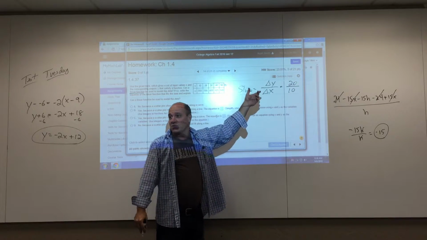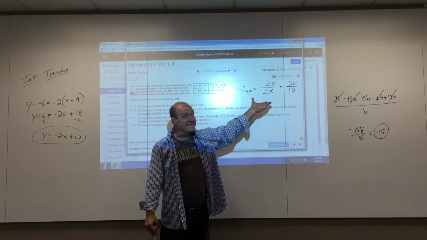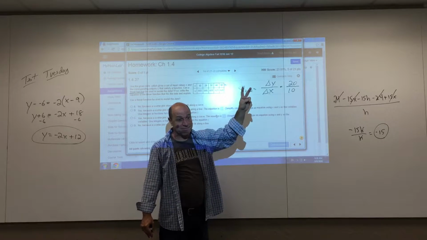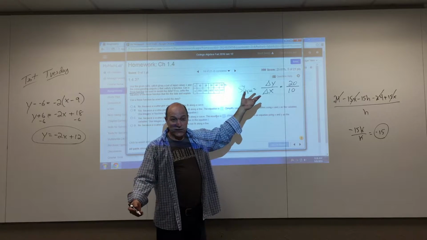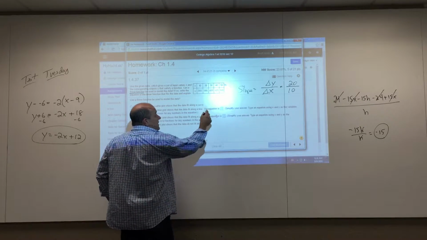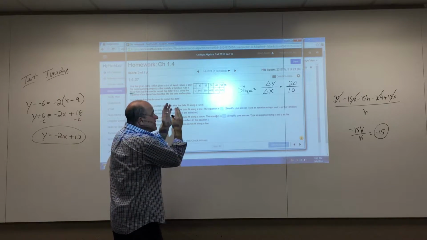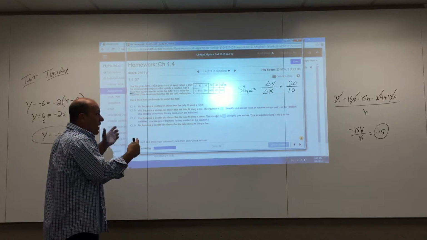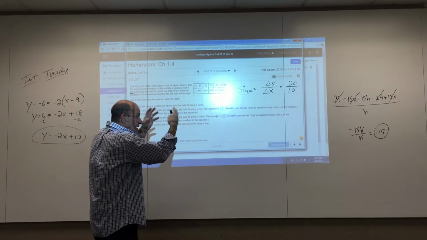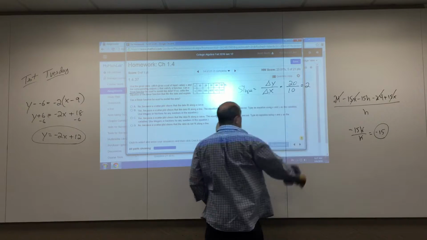And the change in y is 20 and the change in x is 10. That's a line with a slope of 2. If just one of these was different, then it wouldn't have a consistent slope. It has to have the same change in x and change in y. And when you set it up as a ratio, it needs to be the same. This one was a consistent slope of 2.